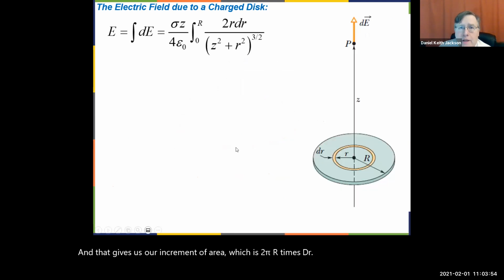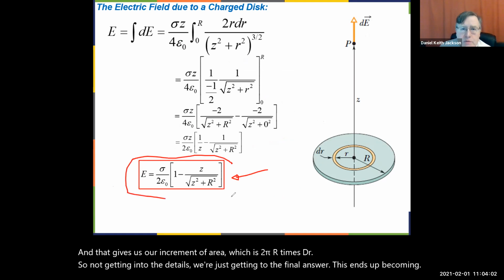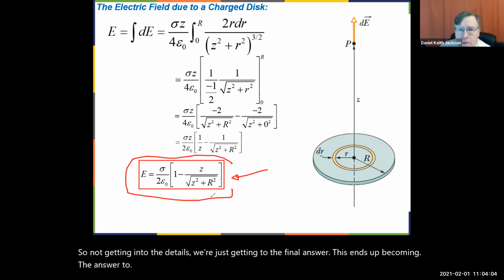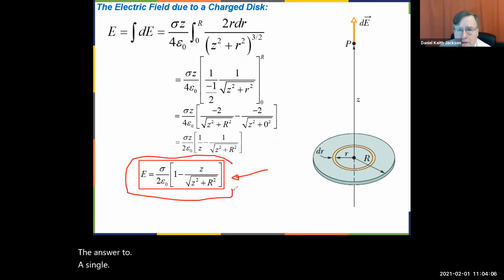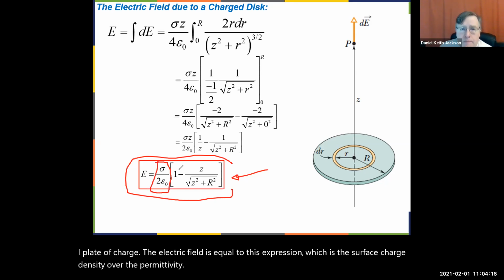So not getting into the details, we're just getting to the final answer. This ends up becoming the answer for a single plate of charge. The electric field is equal to this expression, which is the surface charge density over the permittivity, divided by 2.